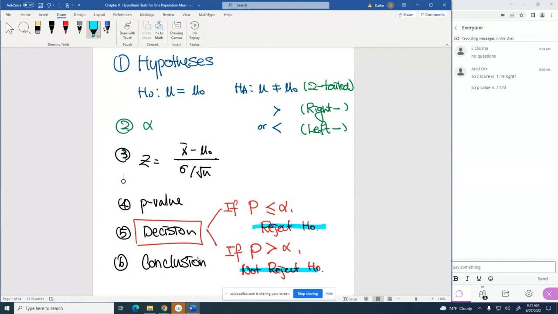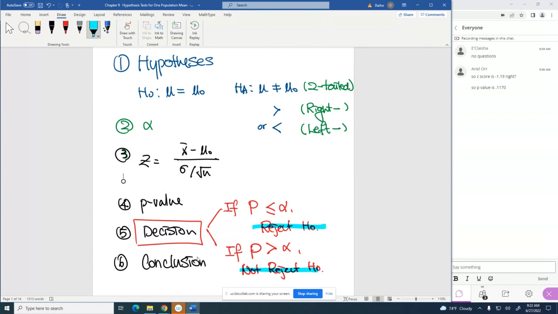I told you, you must not say accept, because we have only 2 decisions. It is the same reason we have only 2 statements in court: guilty or not guilty, but not saying innocent, just not guilty.